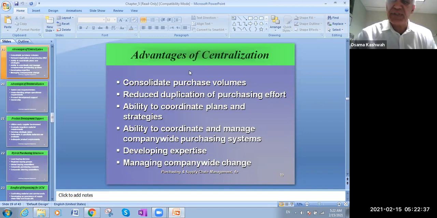The only thing I want to say here is the advantages and disadvantages of centralization, because the advantage of centralization is the disadvantage of decentralization. Let's go and see this.